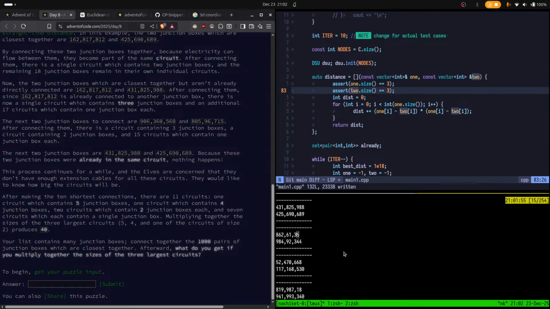They are asking us to compute a 5 junction circuit, since a circuit which has 4 junction boxes, clearly that is wrong, and they're asking us to find out the product.